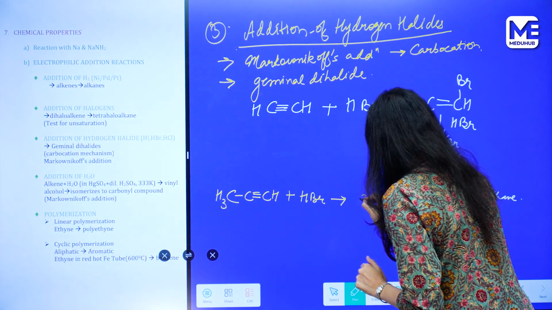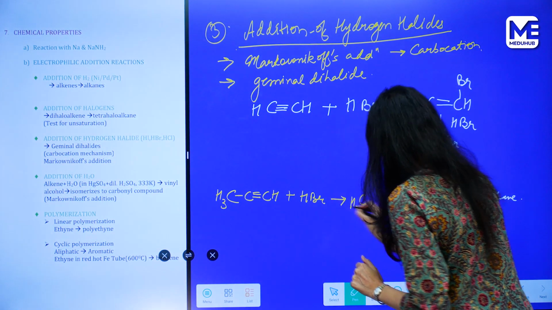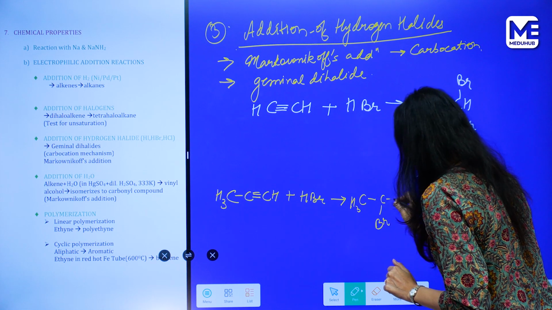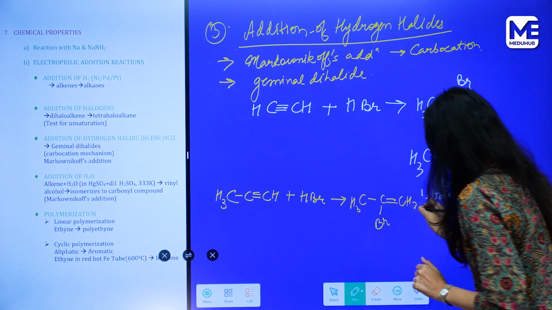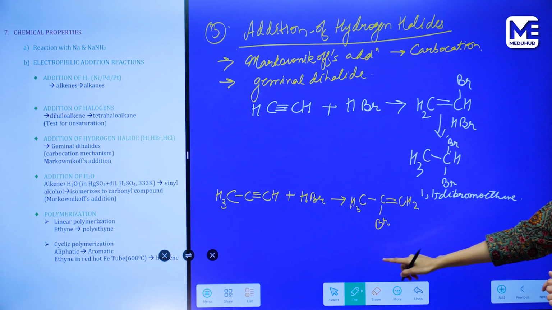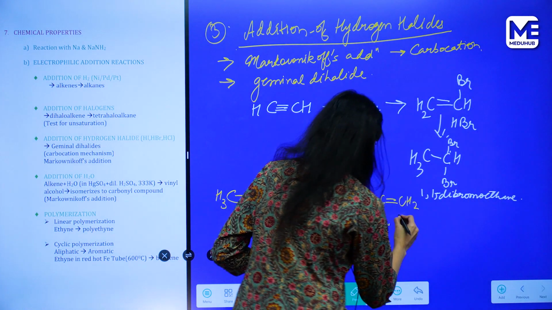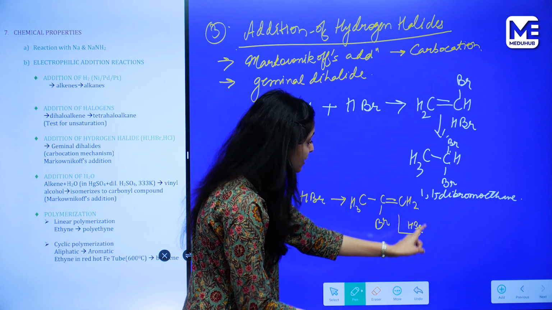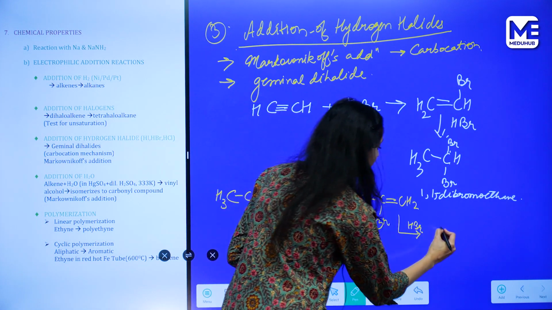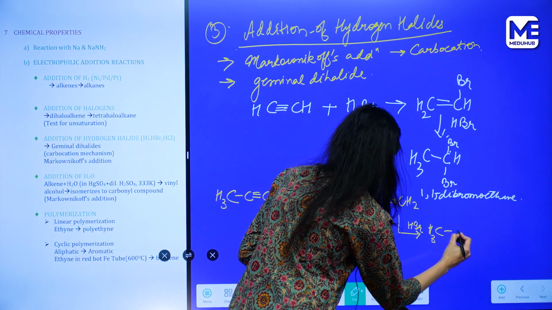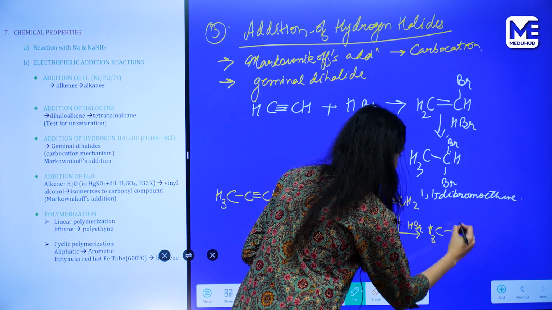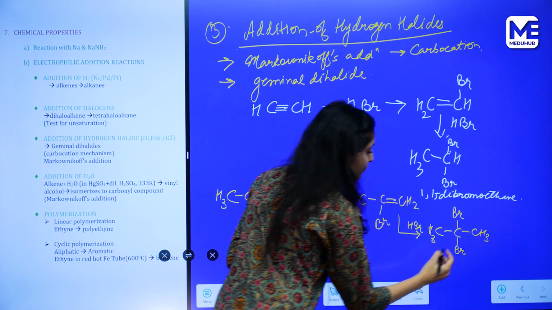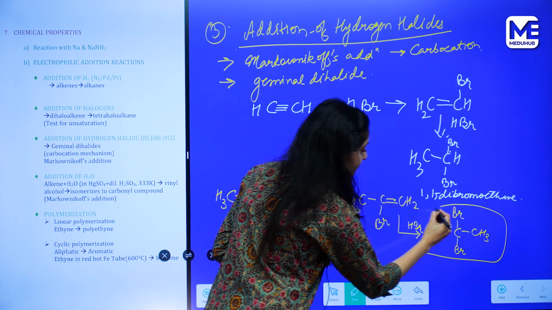So we will get CH3 C BrCH2, and then it will add on a further molecule of HBr. Again, this Br will get added on here only. We will get a geminal dihalide product here, CH3. So this is the product.